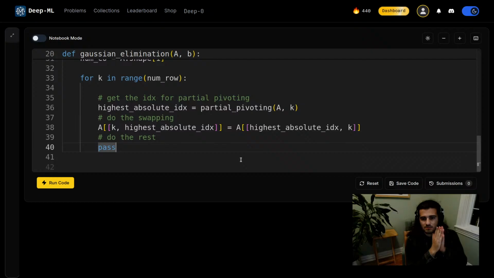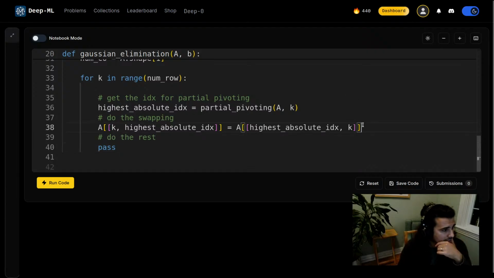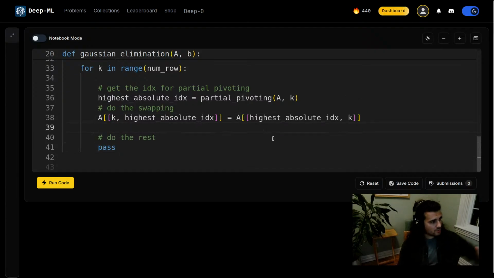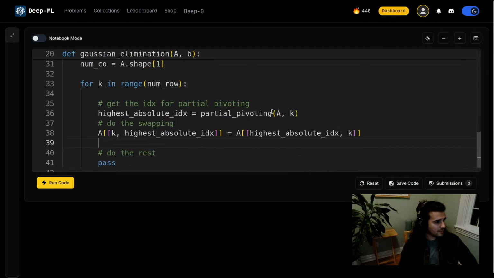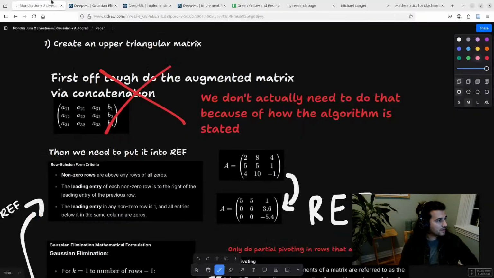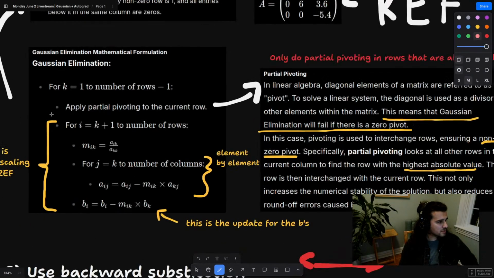If we have the exact same number, this will do nothing, and it's fine. I think it's good enough if it doesn't do anything. But yeah, at this point we should have a swapping done properly, right? So we swapped our stuff, and because of this, it will not override what was done before, and we can do the rest.